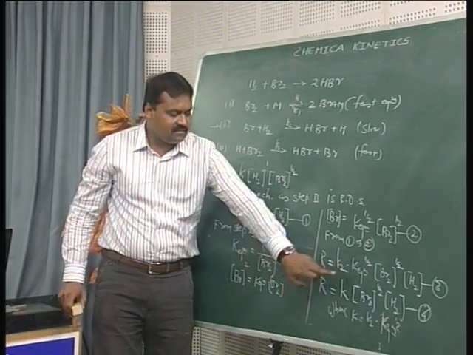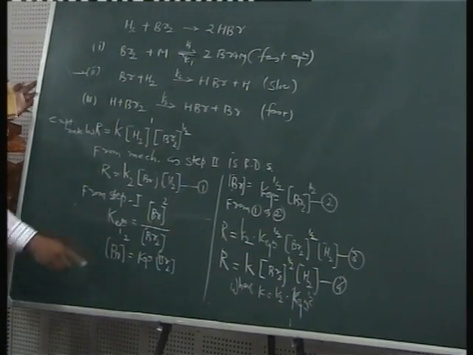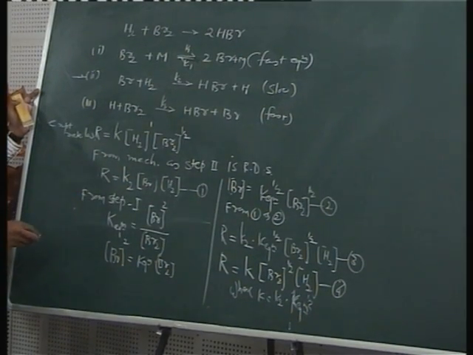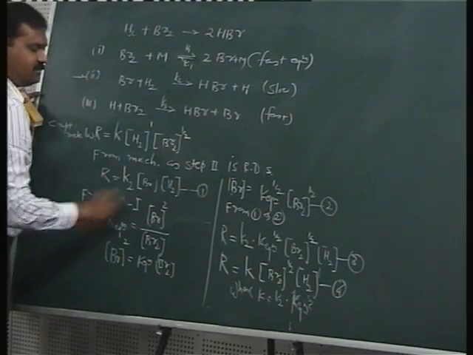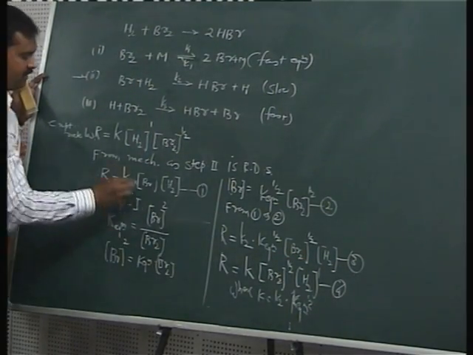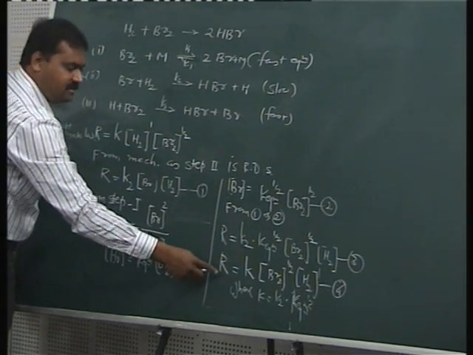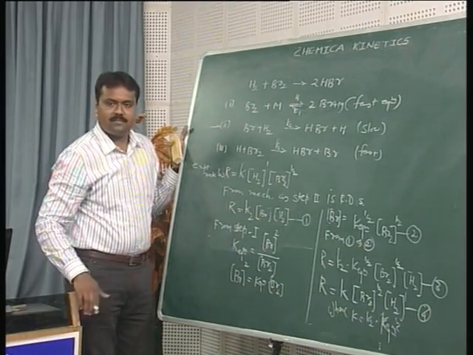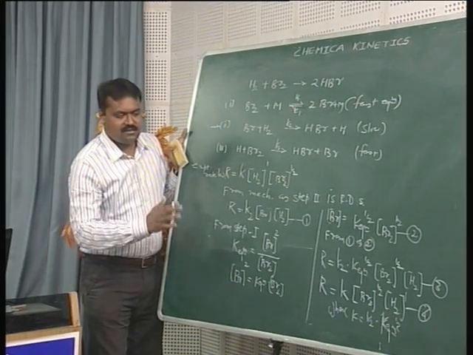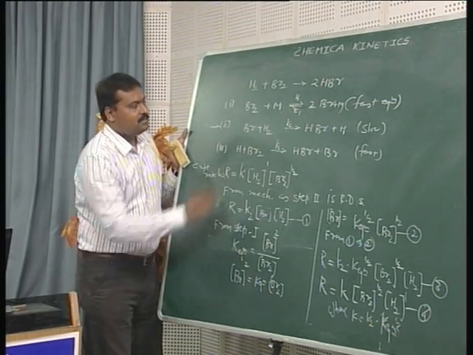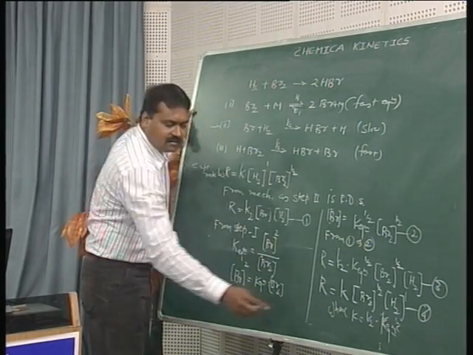Now again compare equation 4 with the experimental rate law. By comparing 1 and 4, we can say that H2 is raised to 1 and Br2 is raised to 1/2. So this is the experimental rate law, this is the rate law derived from the mechanism, and comparing these two rate laws, as they involve the concentration of the reactants in the same way, we can say that the proposed mechanism is consistent with the experimental rate law under this condition.